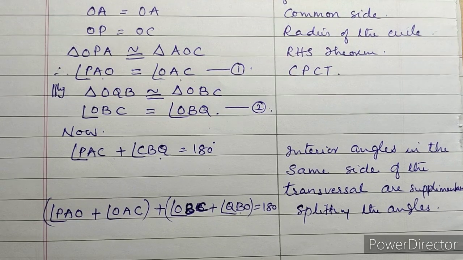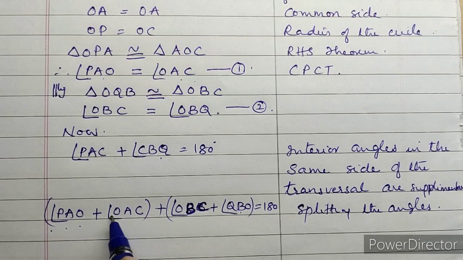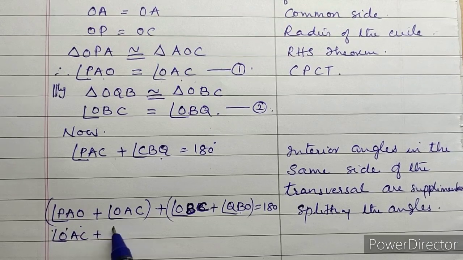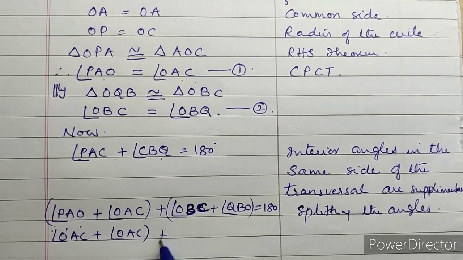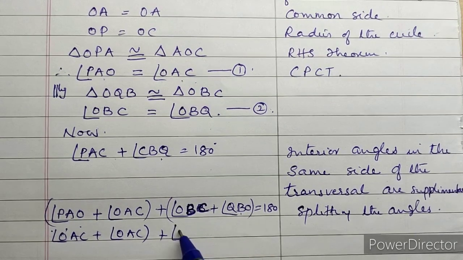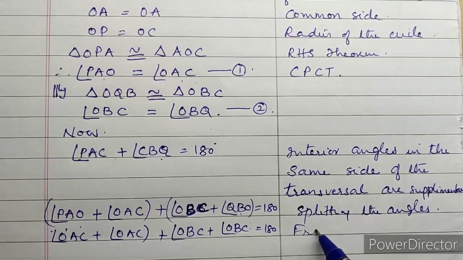You can write instead of PAO, you can write angle OAC only. So angle OAC plus angle OAC. This one you can write OBC plus OBC, by first and second equation, from 1 and 2.